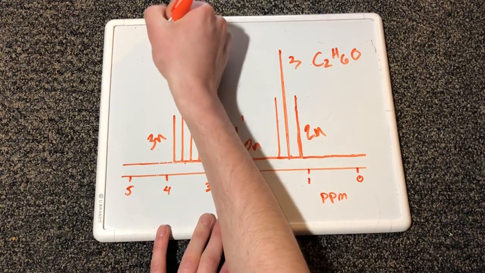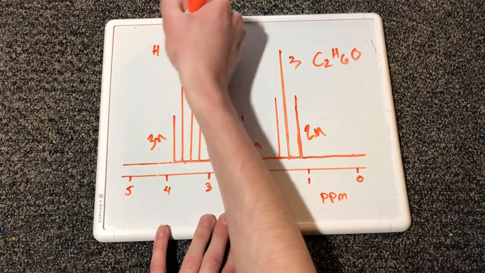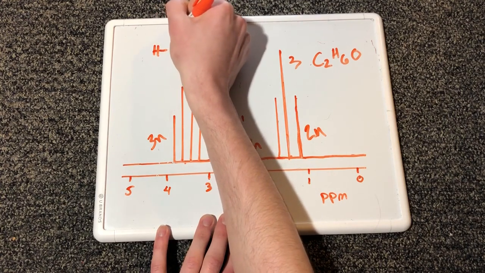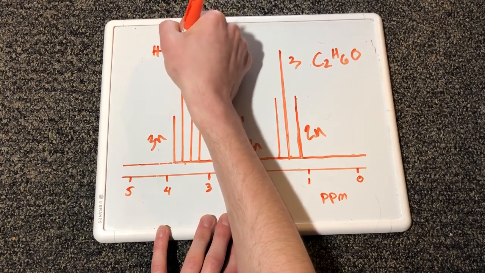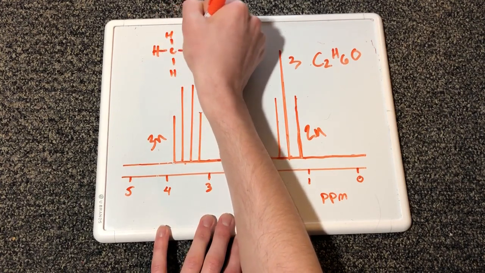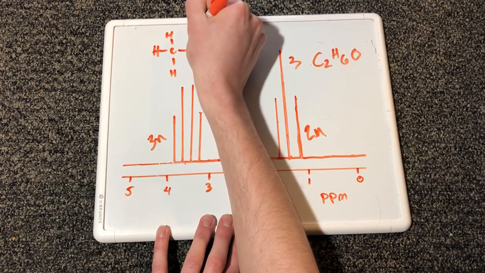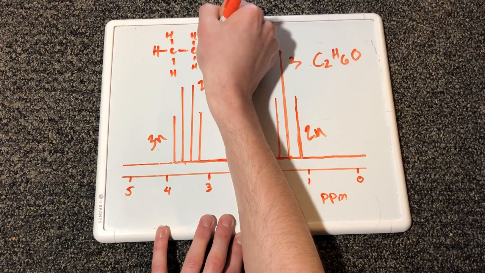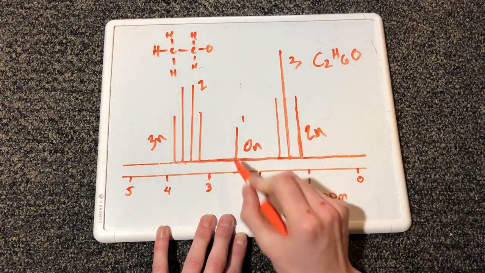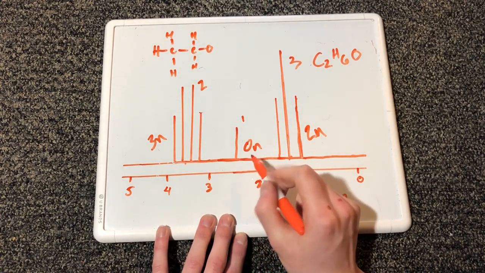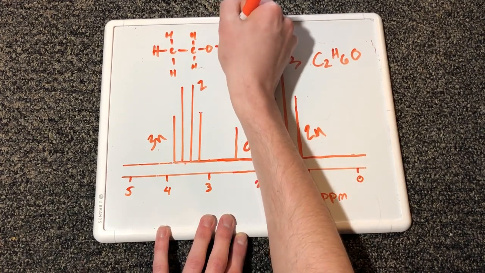So we can start making our Lewis structure, where we have a CH3 group over here, right next to a CH2 group, right next to an oxygen. And then we have this lone hydrogen right here, which we can tack on at the end.